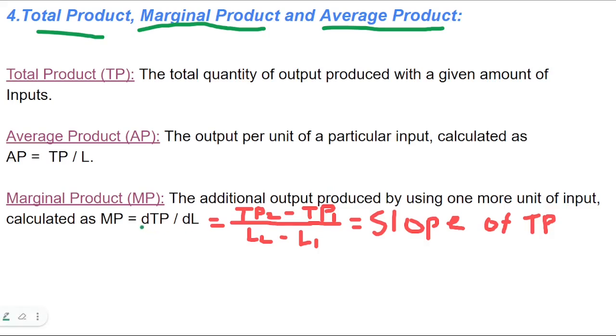So if we do differentiation of total product with respect to labor, we get MP, and we can say MP equal to TP2 minus TP1 divided by L2 minus L1, which is nothing but the slope of TP.